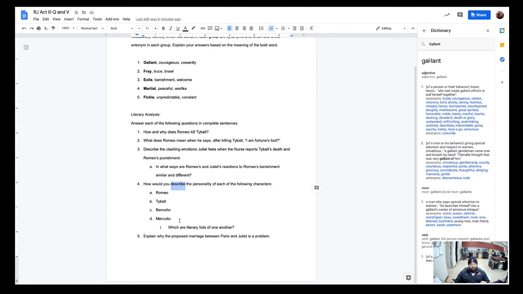Explain why the proposed marriage between Paris and Juliet is a problem. It's a huge problem because Juliet's already married. But even more than that, now Romeo is not just a Montague, he's the guy that killed Tybalt. So he's a named enemy of everyone. So it's an even bigger problem. Before, Juliet probably could have broken the news at some point to her family and been like, hey, guess what?